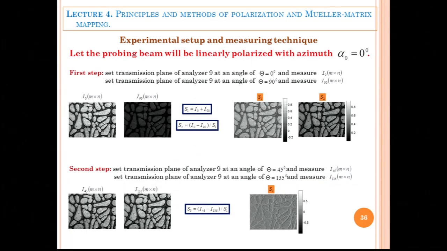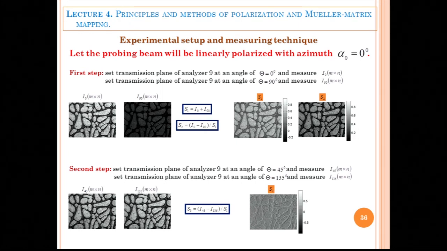This is the procedure we will do next Thursday. For example, the first step: set the transmission plane of the analyzer to the angles 0 and 90 degrees. Here we measure the intensity of the 0 component, and here the intensity of the 90 degree component. From this calculation we can obtain the first Stokes vector element and the second one.